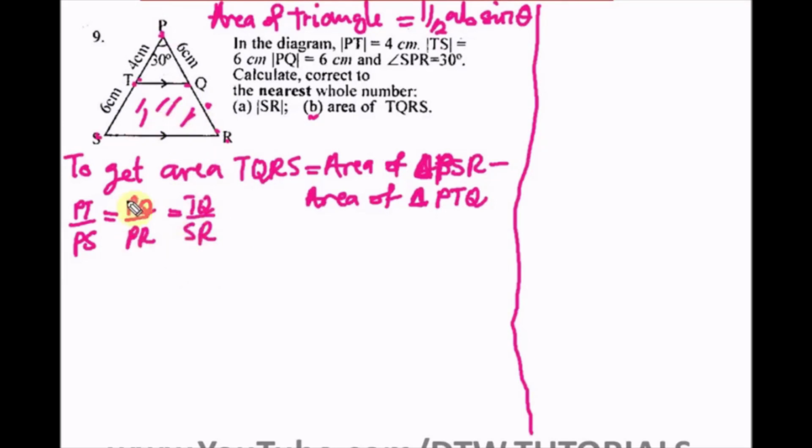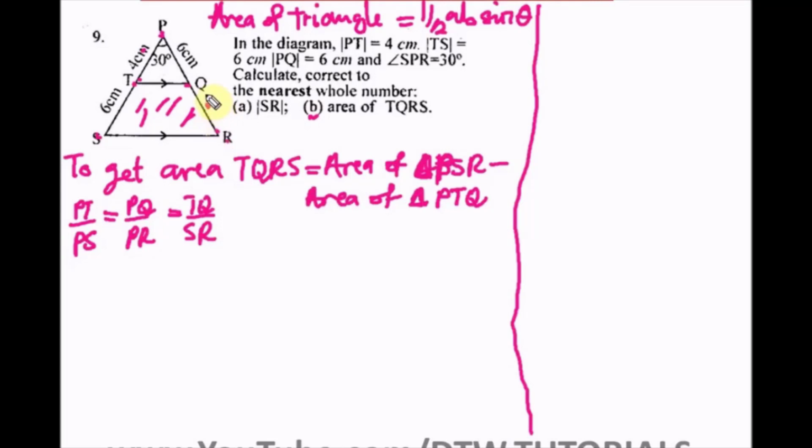So what we're trying to look for is QR, so that we can find the area of PSR. We can easily find the area of PTQ because we have the two sides A and B, but we can't find PSR because this side is missing.